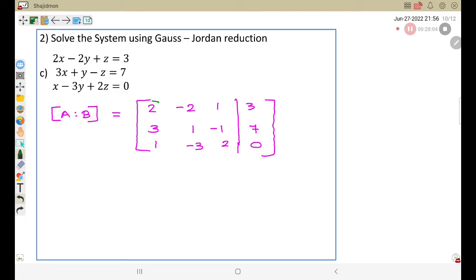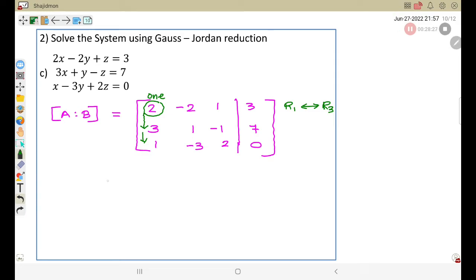Now the first number should be 1, but here it is not 1. So you can check the numbers down the column. Here it is 3, but here it is 1. So we can interchange the first row and third row. If there is no 1 in the column, then you can divide after that. But check the possibility of interchanging first.